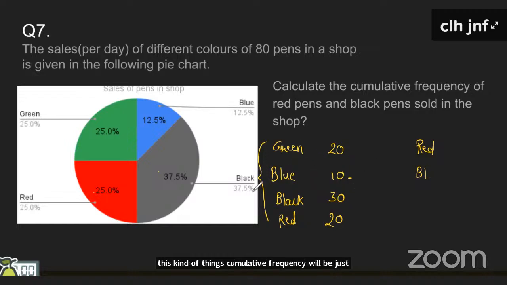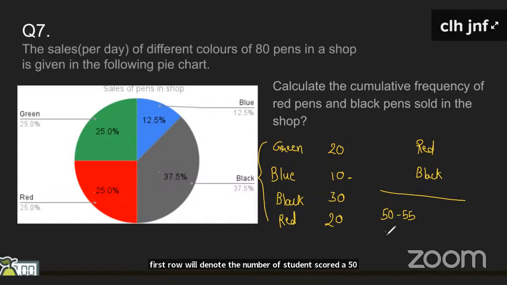But when categories have some ordering, like the question we saw in this lecture about the marks interval of students in a particular exam, the first row will denote the number of students who scored 50 to 55, then 55 to 60. It will not be random, like 60 to 65.